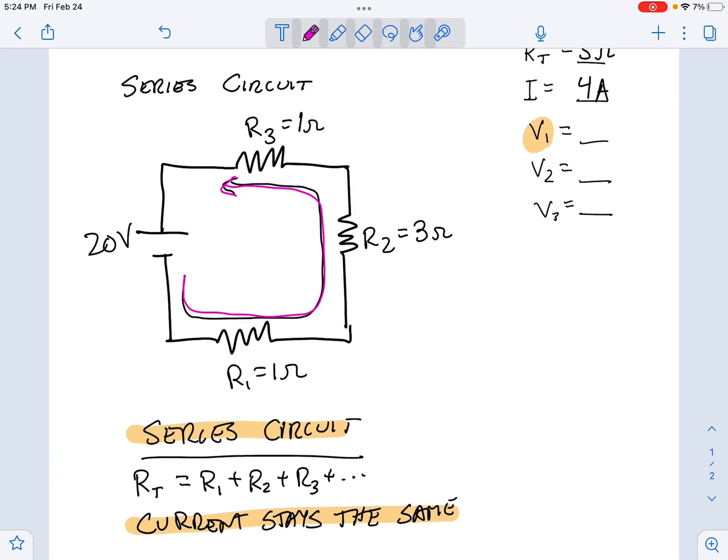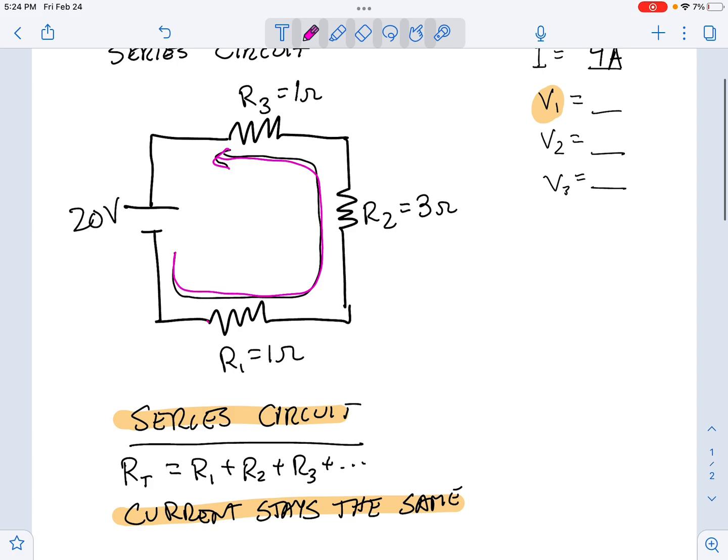And what that means is that the electrons flowing through here, there's going to be 4 amps running through there, and there'll be 4 amps running through here. And then when it gets up to here, there'll be 4 amps. So everywhere, there's 4 amps.